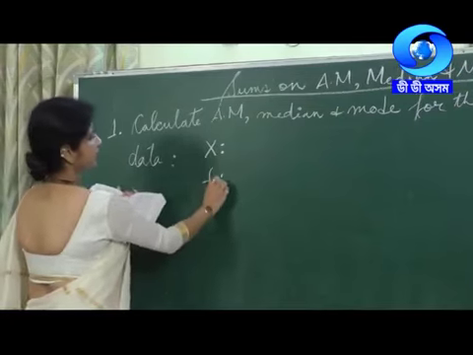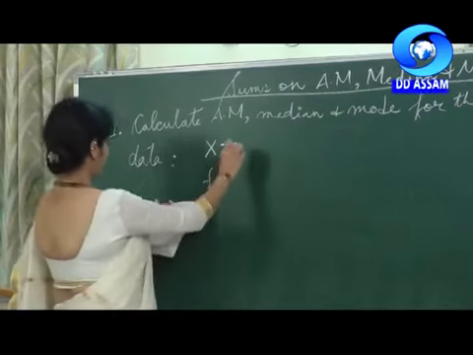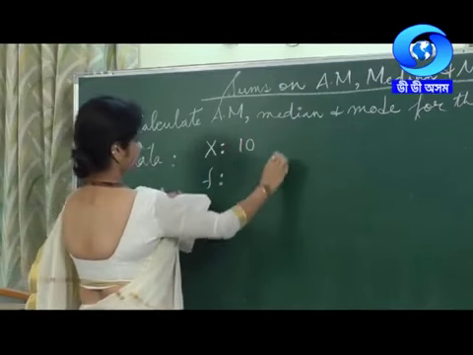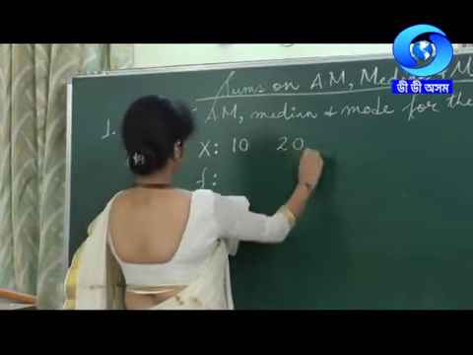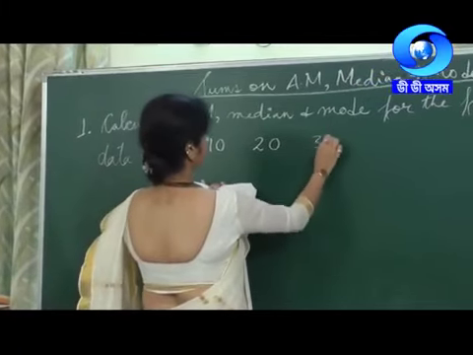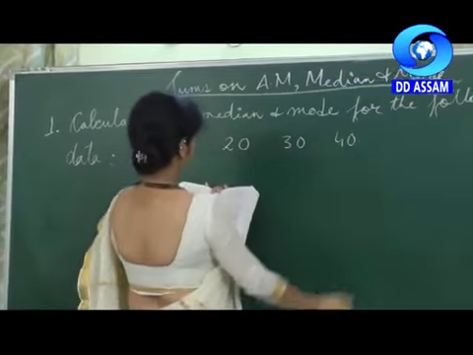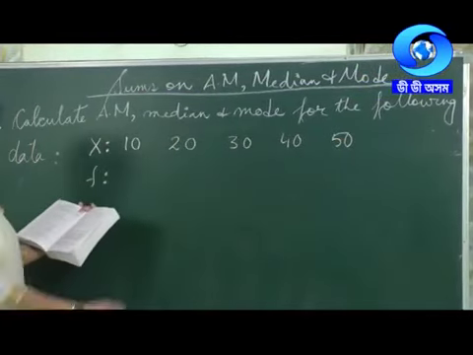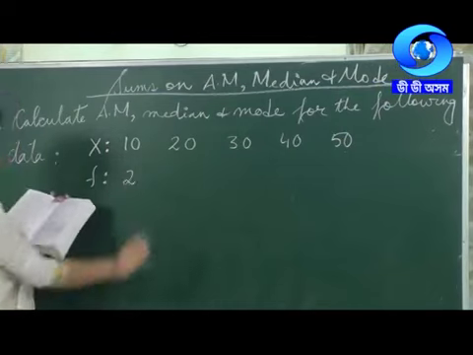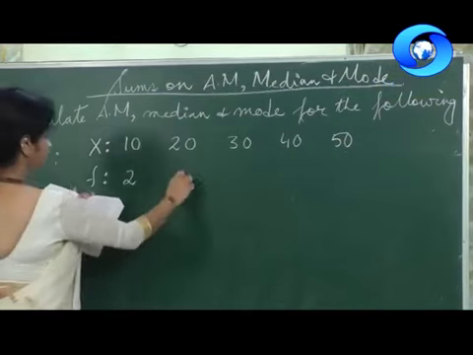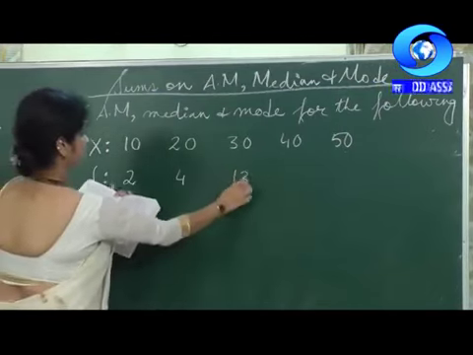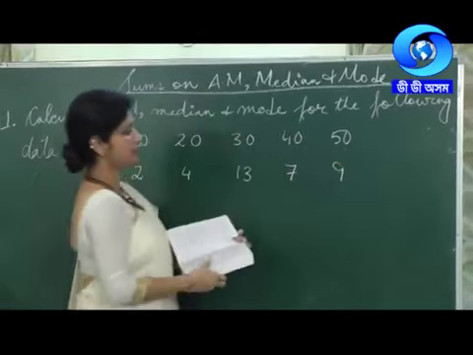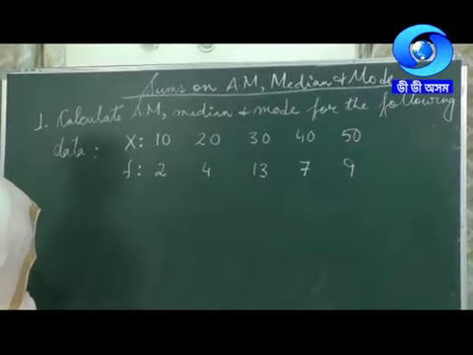X's are 10, 20, 30, 40, 50. Alright, and the frequencies given are 2, 4, 13, 7, 9.